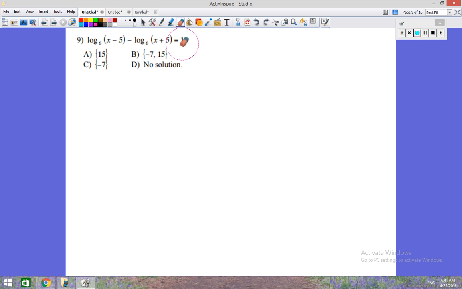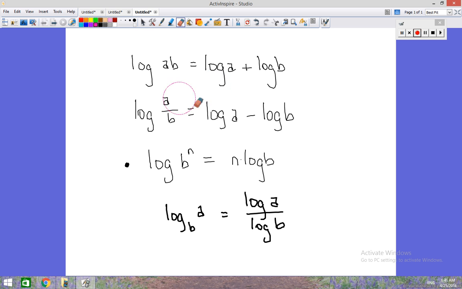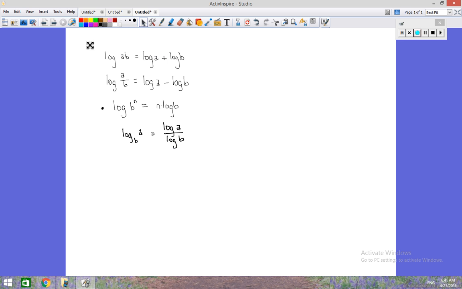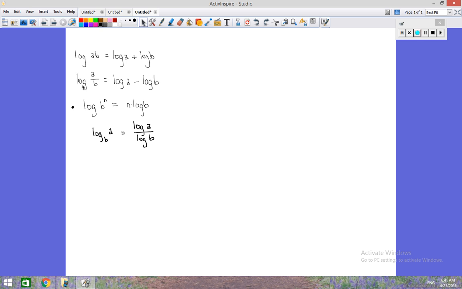We do have properties of logarithms that allow us on the left hand side to write this as a single logarithm. We have the quotient rule. Remember that when you first learned these, we were taking the log of some value, like say 24, where we rewrote 24 as 48 divided by 2, and the log of 24 is equal to the log of 48 minus the log of 2.